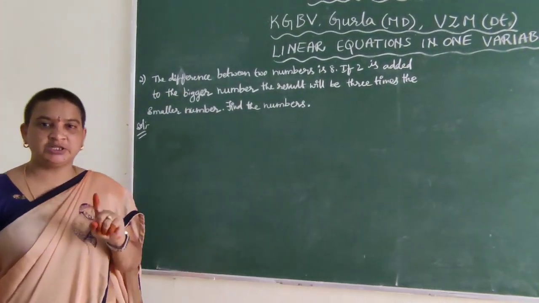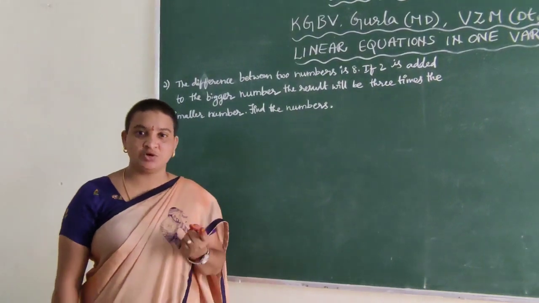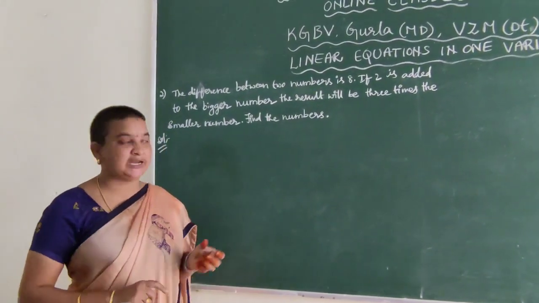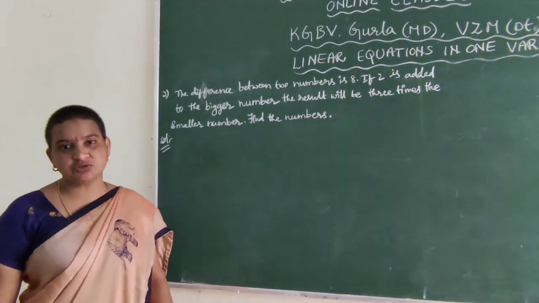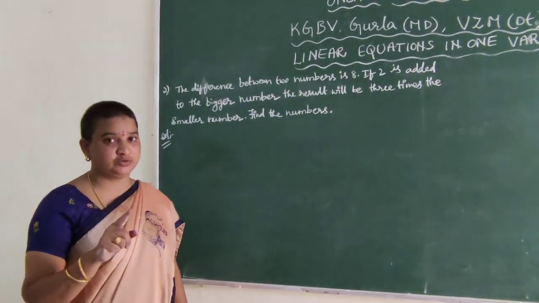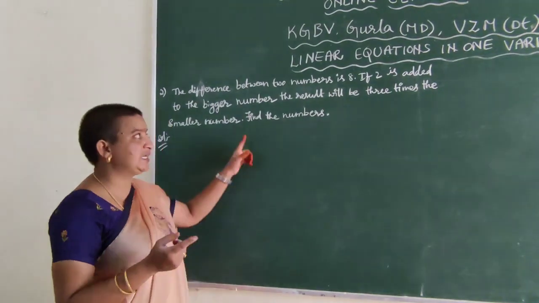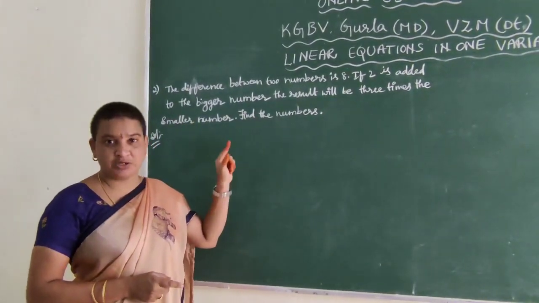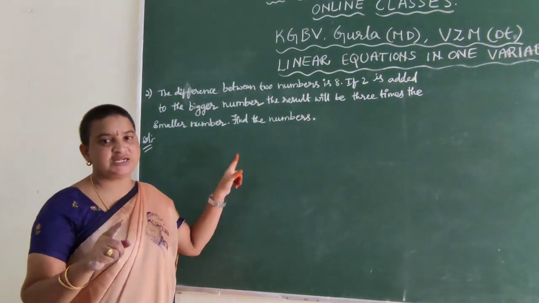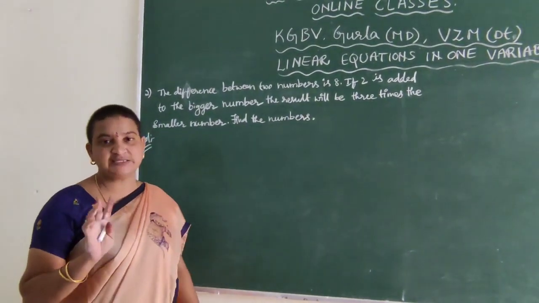You have to read the problem again and again to understand. If you understand, then you can write this problem as an equation. It is easy to solve. So I already told you, again I tell you, once again, you have to read the problem again and again to understand. Okay. If you understand the problem, you can solve it easily.